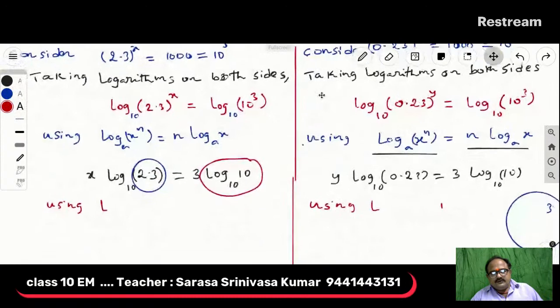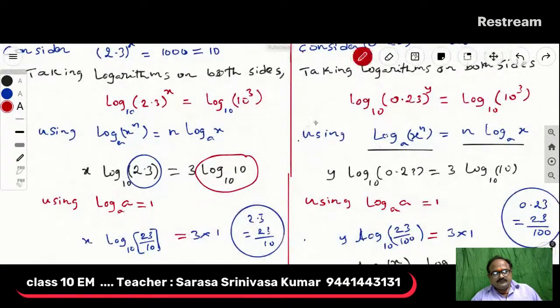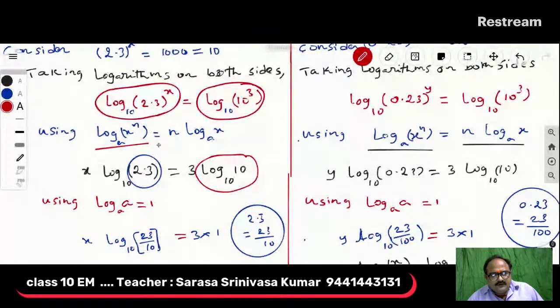There are no changes. Now this is in the form of log x to the power of n to the base a, and the right-hand side term is also in the form of log x to the power of n base a. So we can write it as n log x base a.